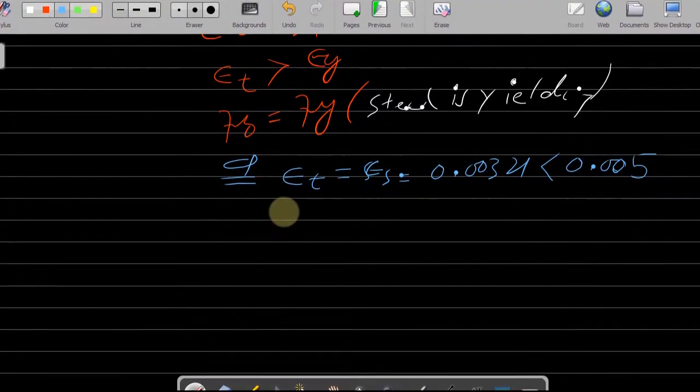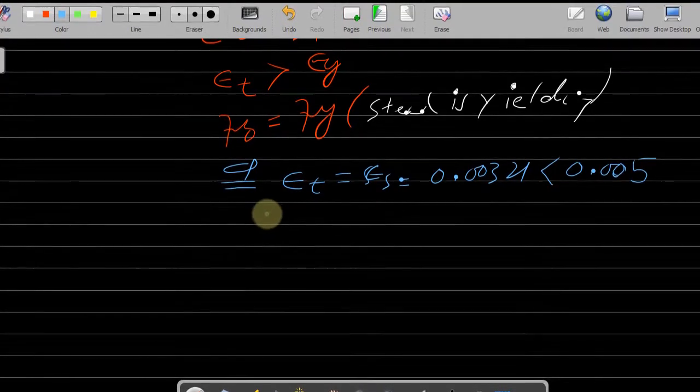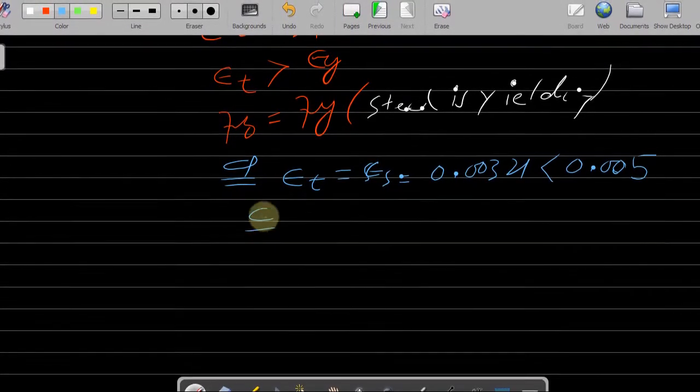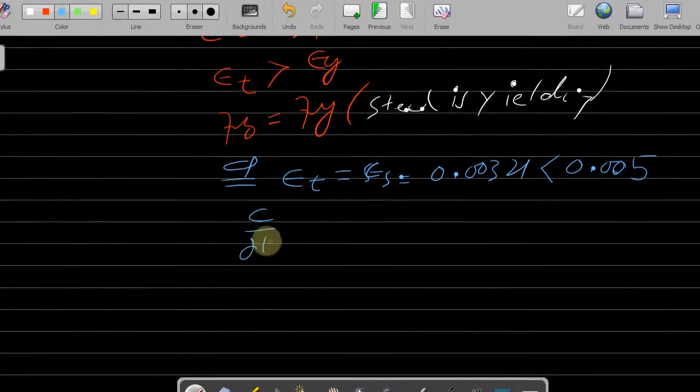You can also do this check another way, as we already discussed, I think in part 7-8, by calculating the c over dt ratio.